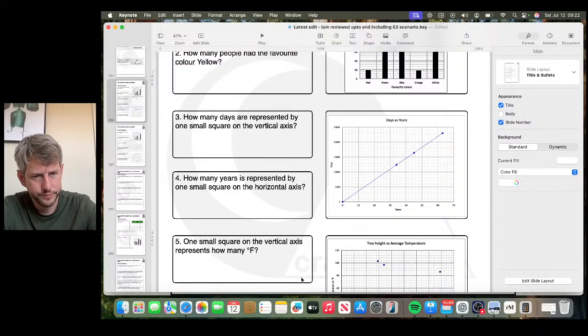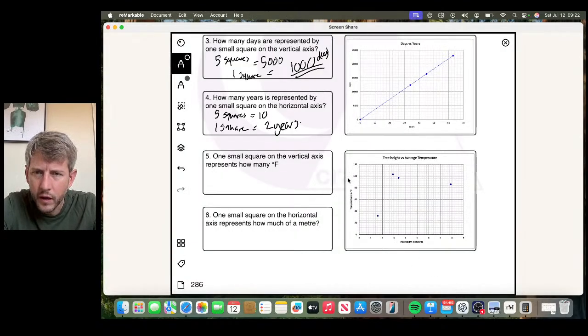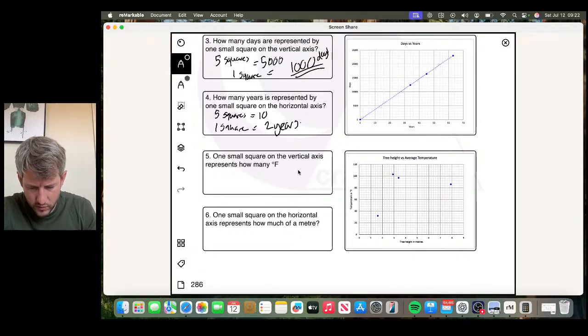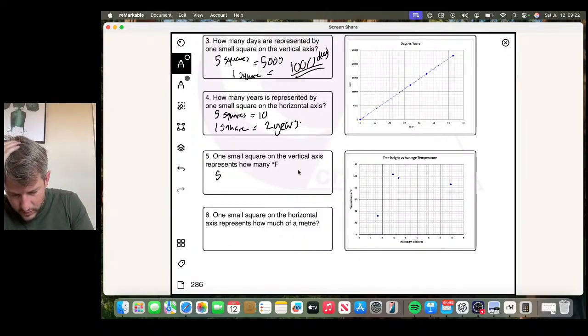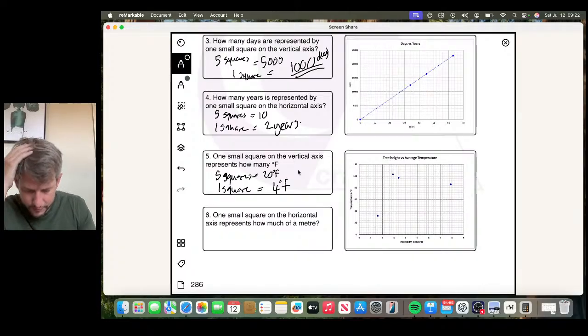Okay, so right, let's see. So we've got again 5 squares is 20. 5 squares equals 20 degrees F. So 1 square will equal 4 degrees F.